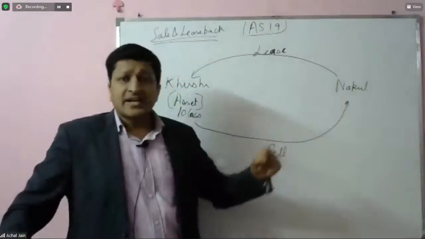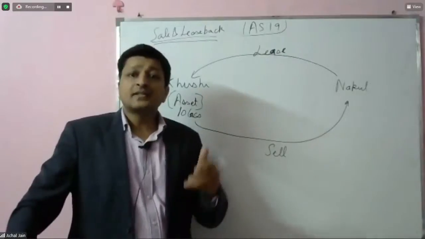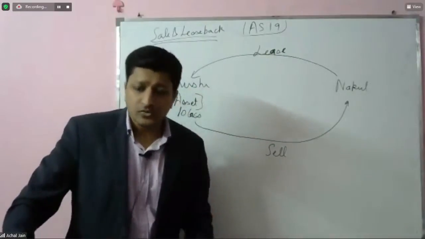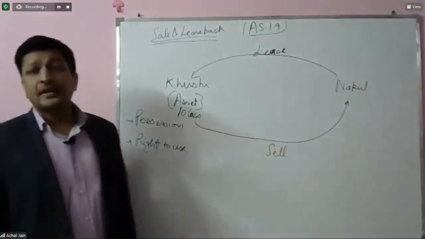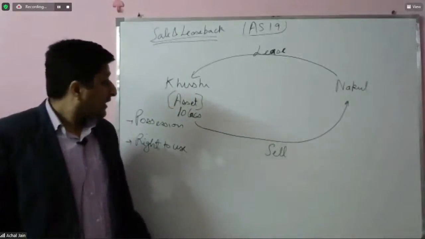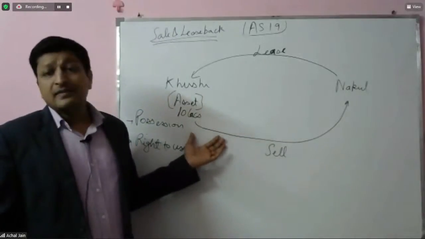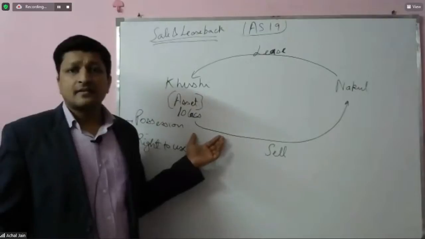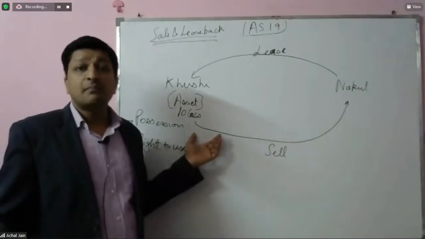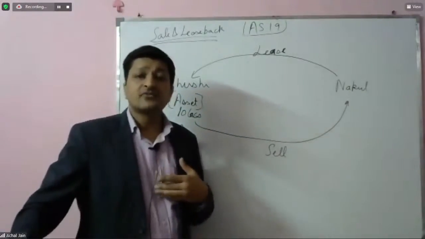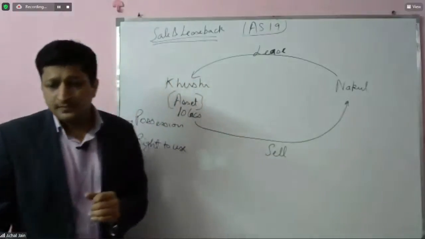Now, out of this arrangement, one may be thinking that why would Nakul do this? Because Nakul will make money out of this arrangement. Maybe he will buy this asset at a price which is lower than the market price.